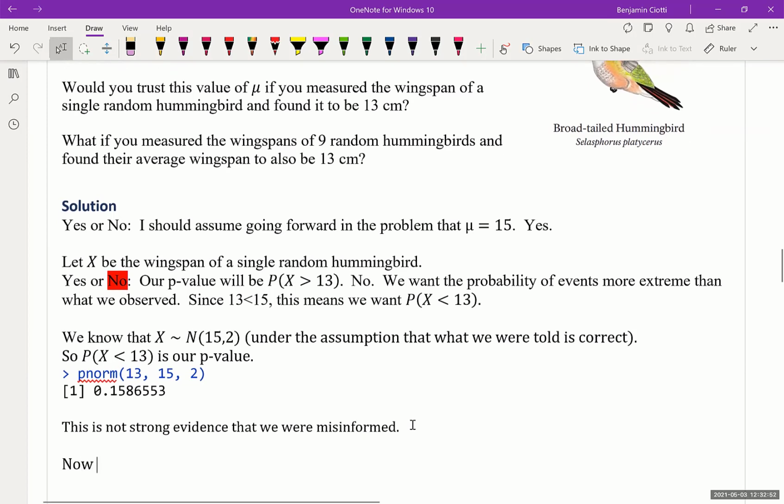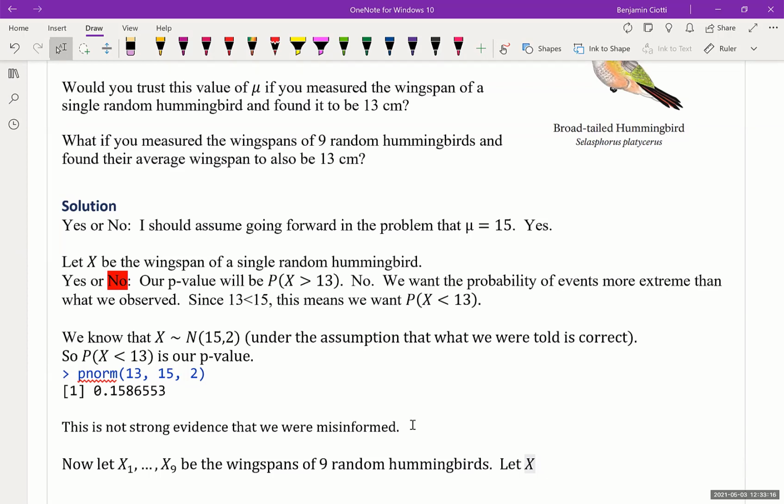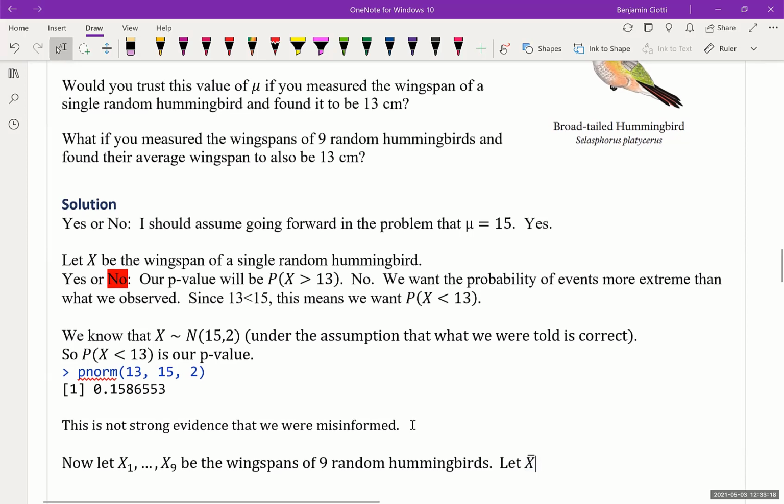So now let X sub 1 through X sub 9 be the wingspans of 9 random hummingbirds. Let X bar be their mean.